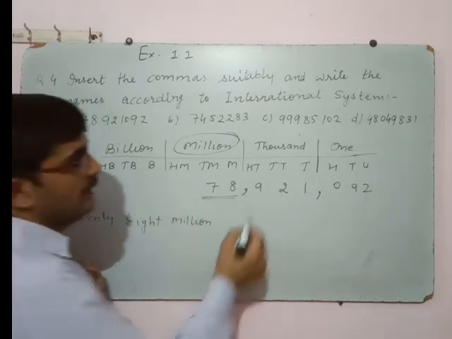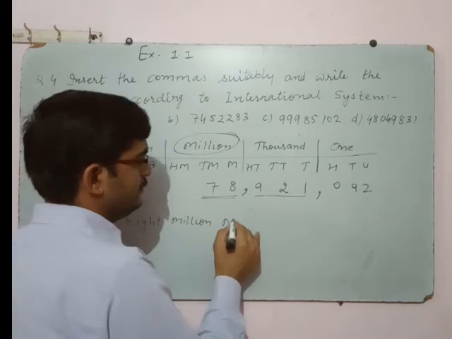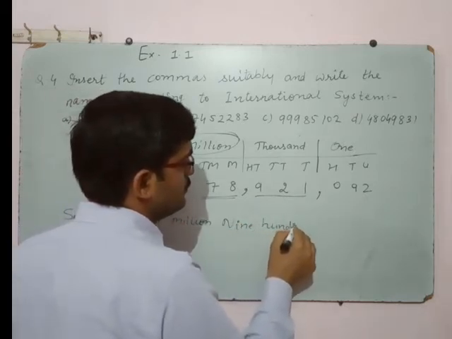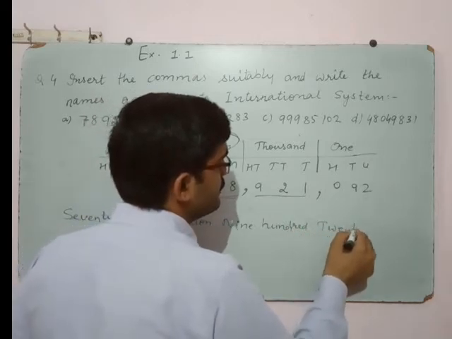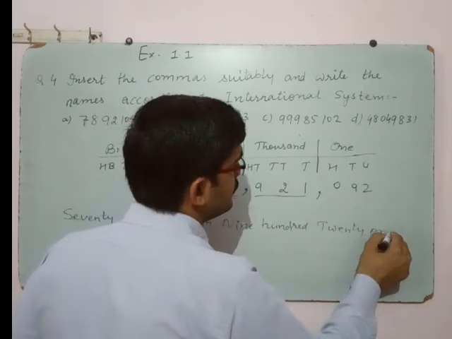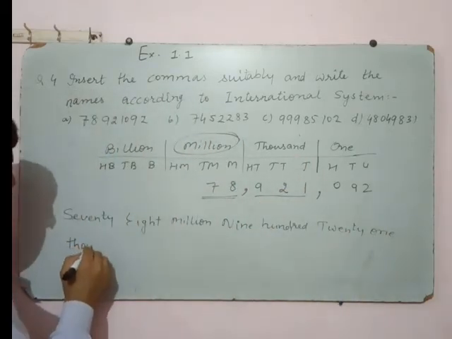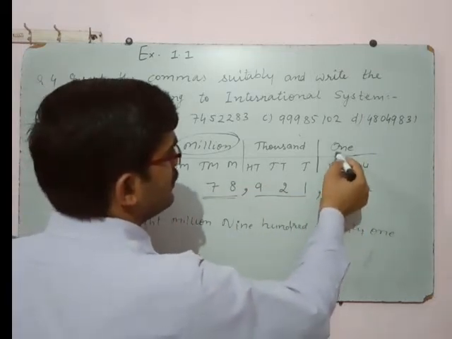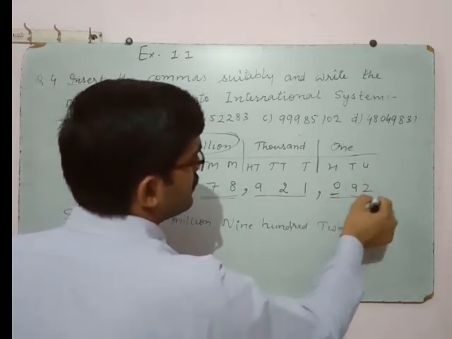Okay, what is in thousand place? 921. 921,000. Okay, again on ones place, there is 100 place is vacant, so only 92.